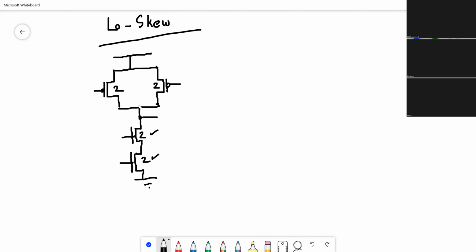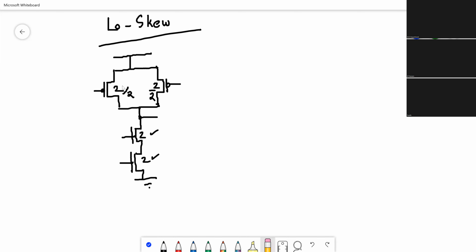But these two transistors, the PMOS transistors, are not important for my design. I can improve my performance by making them half of the original number. So half of that means you make it 2 by 2, 2 by 2. So each of the transistors here will become size 1.